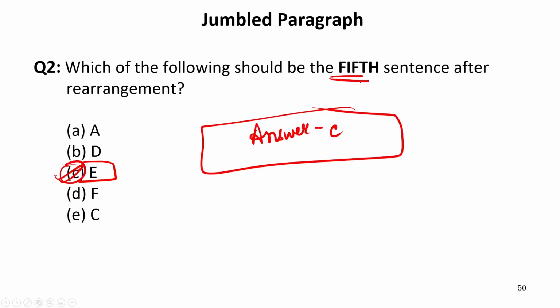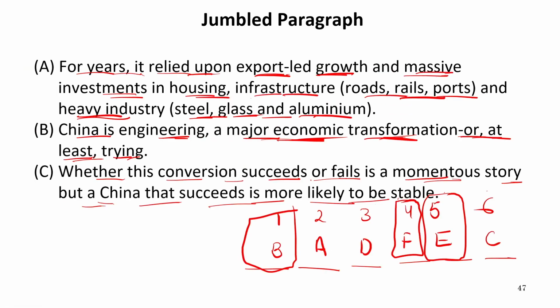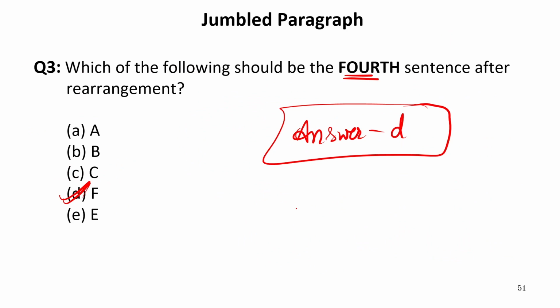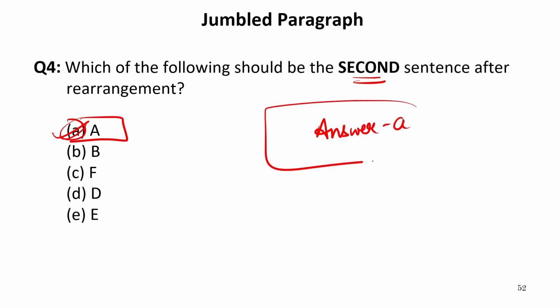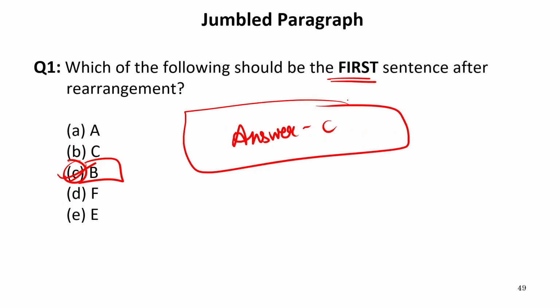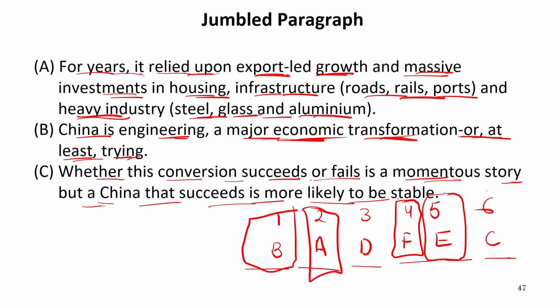Now we have been asked about the second sentence after rearrangement. The second sentence is A. Now let us see this in the options. In the options, it is given in position A. So our answer is A.